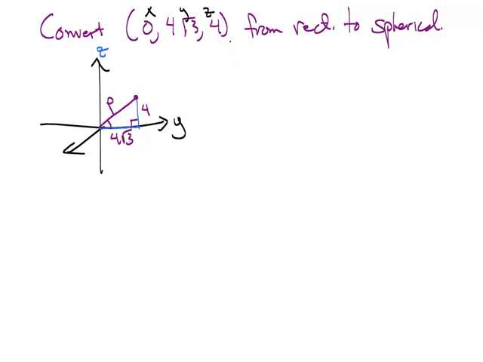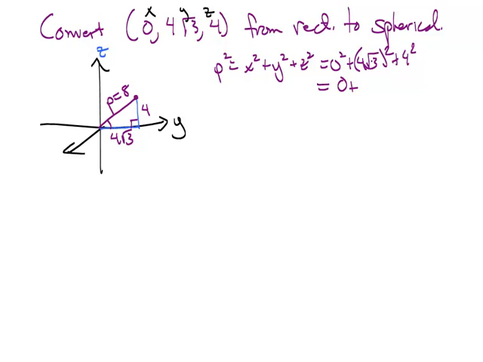It's going to be 8. Another way you can do it is say rho squared is x squared plus y squared plus z squared, which is 0 squared plus 4 root 3 squared plus 4 squared. That's 0 plus 16 times 3 is 48, plus 4 squared is 16, is 64. Rho squared is 64, so rho is 8.